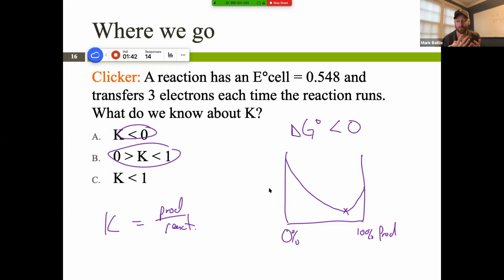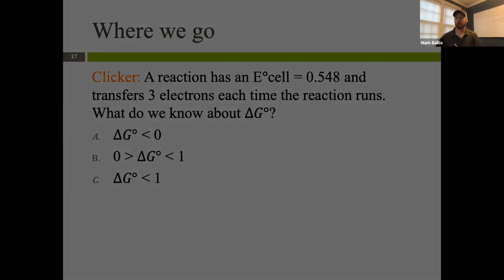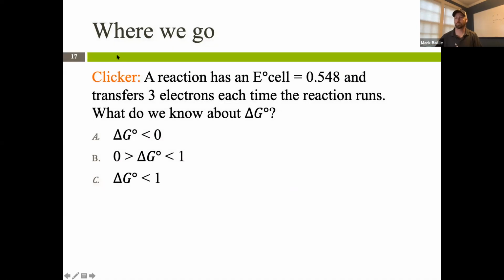But the gist is K is going to be significantly greater than 1. It's going to be off on the right side there. Okay. And so that's answer C. And thinking about the Gibbs free energy diagram, I hope helps with where that is.